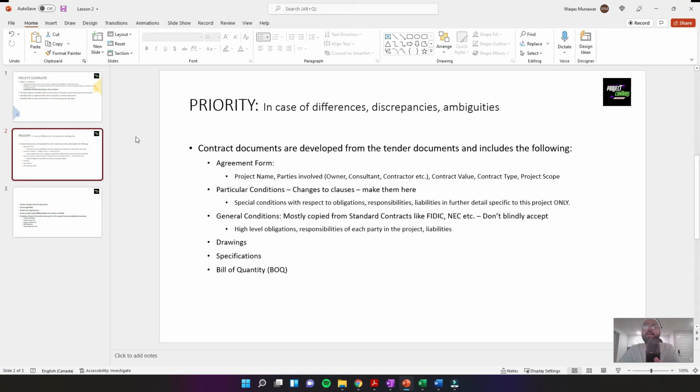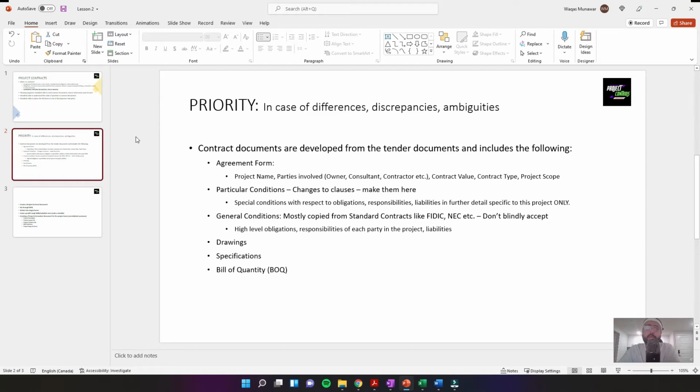You need to be able to see what conditions are applicable to that project. The general conditions also talk about the high-level obligations, the responsibilities of each party, and the liabilities. So this has the third priority.